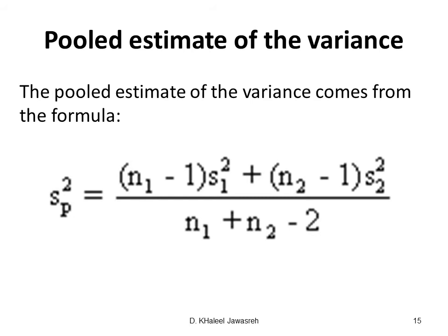From this equation, n1 and n2 are the numbers of observations used in the two populations, and S1 square and S2 square are the variances of the two samples. As you see, the denominator is the addition of the two sample sizes minus 2.